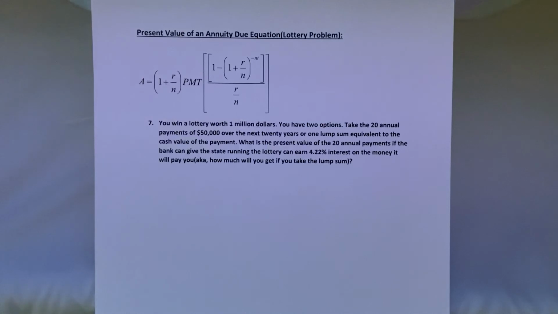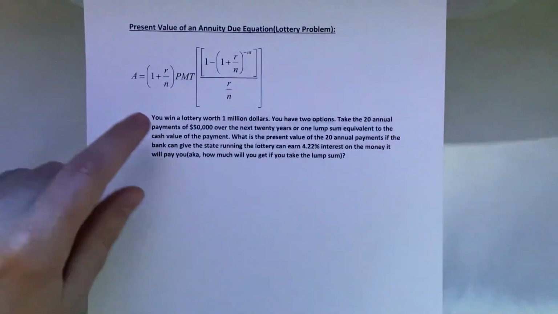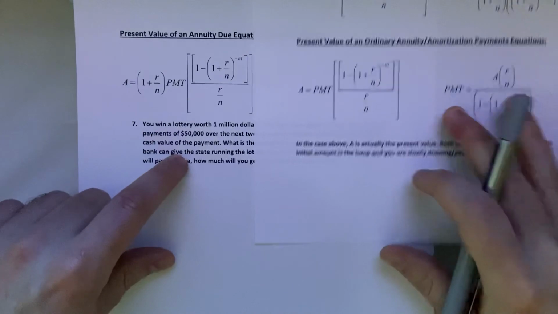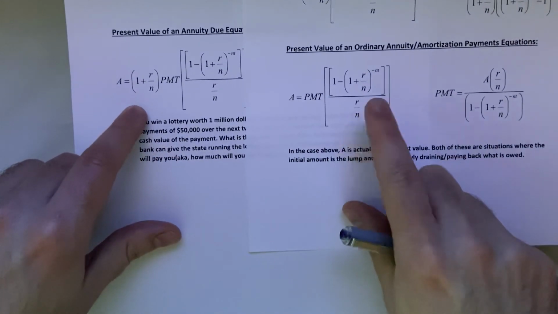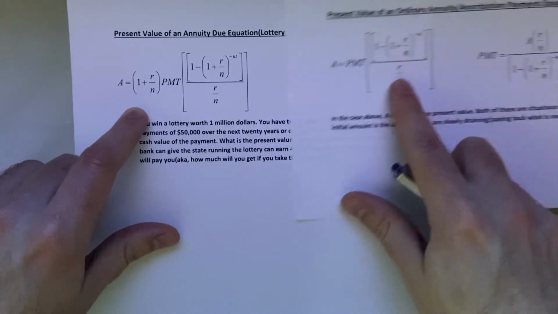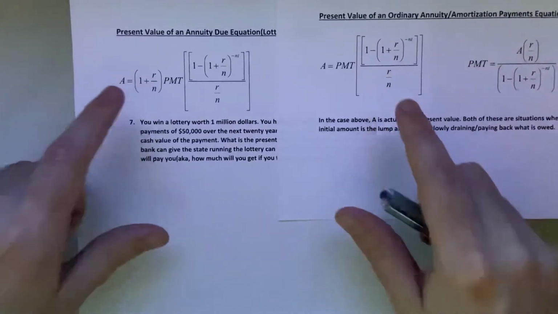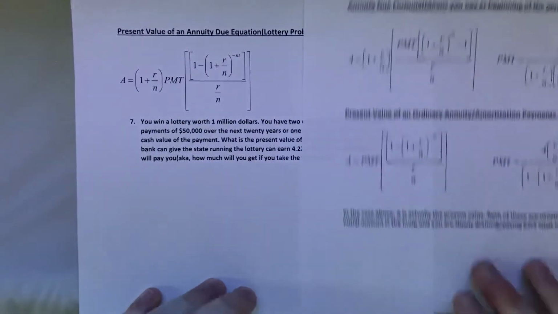So if we look at the equation compared to the other equation, here's our annuity due, ordinary annuity equation, the lottery problem. Here is the present value if they're paying you at the beginning of the period, so just keep that in mind.